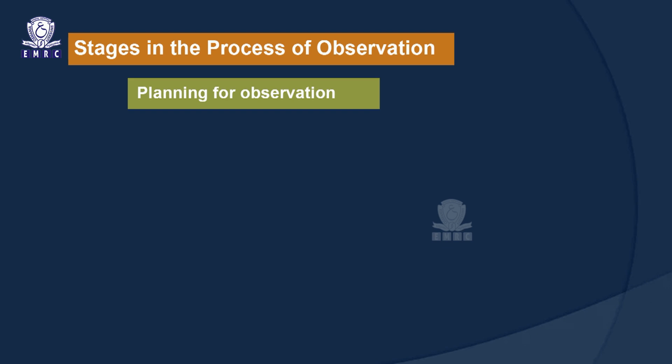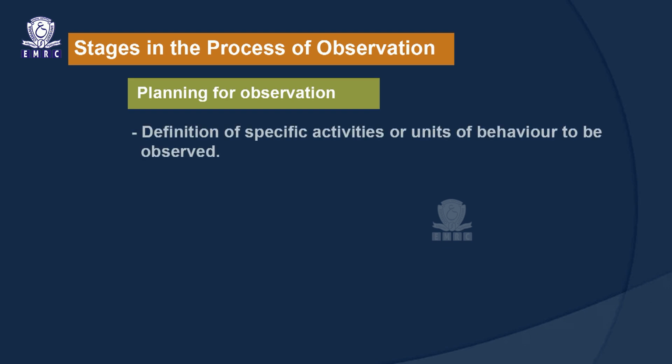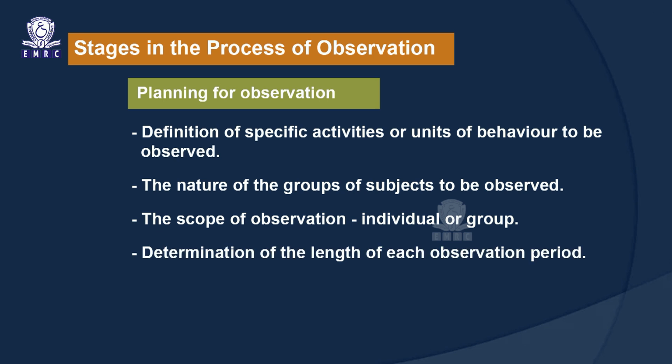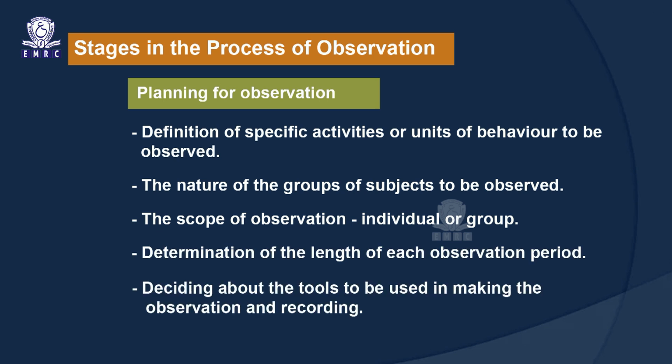Planning for observation includes definition of specific activities or units of behavior to be observed, the nature of the groups of subjects to be observed, the scope of observation, individual or group, determination of the length of each observation period, and deciding about the tools to be used in making the observation and recording.